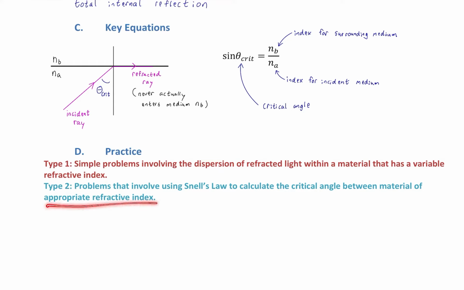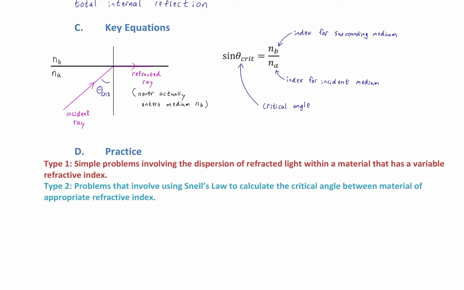And by appropriate, I mean that they have to allow for a critical angle, because we'll see that you can't always achieve a critical angle. You, in fact, have to meet this inequality where NB is less than NA. If that's not the case, if they're equal, or if NB is actually greater than NA, then you're not going to be able to achieve internal reflection.